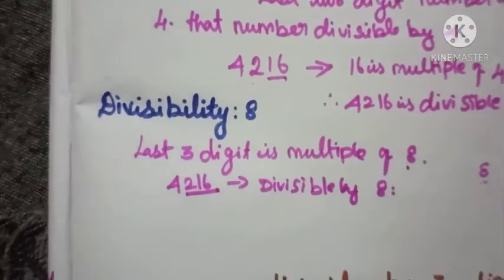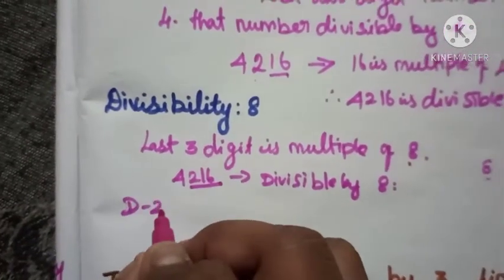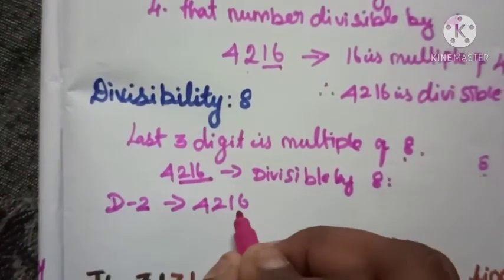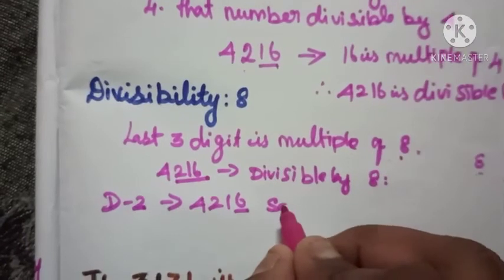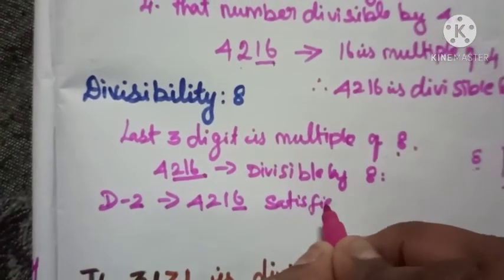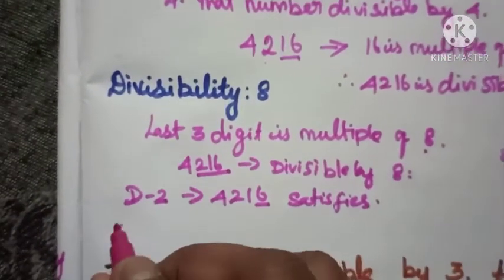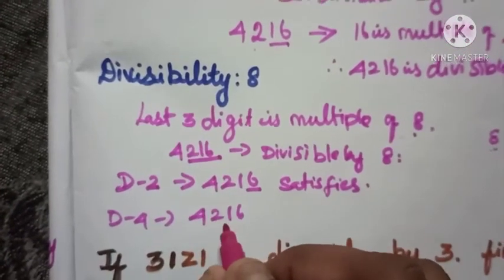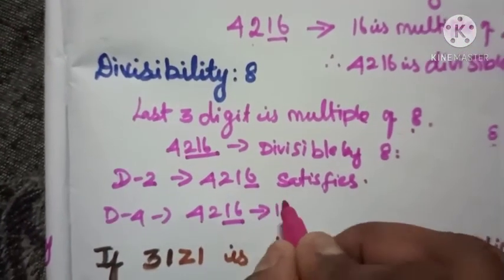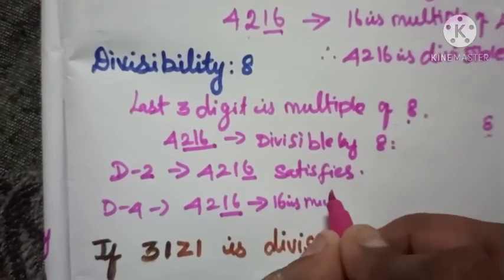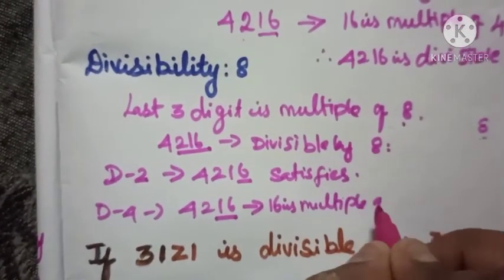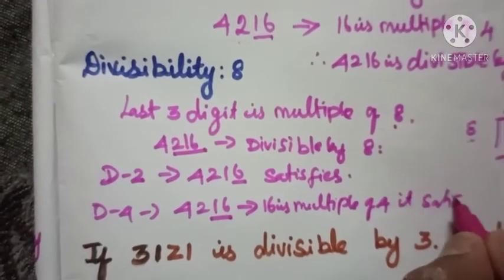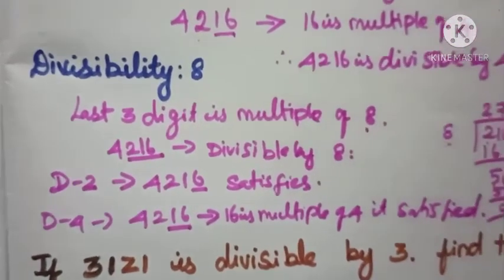Otherwise, we can check divisibility rule 2: is it satisfied or not? For 4216, the unit digit is 6, so it is satisfied. And for divisibility by 4, you can check that the last 2 digits, 16, are a multiple of 4, so it is satisfied.